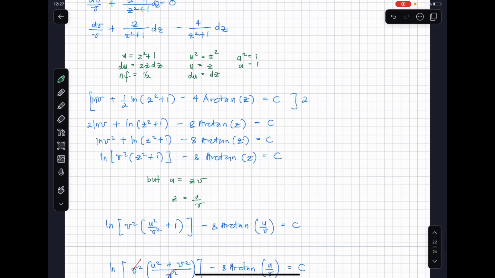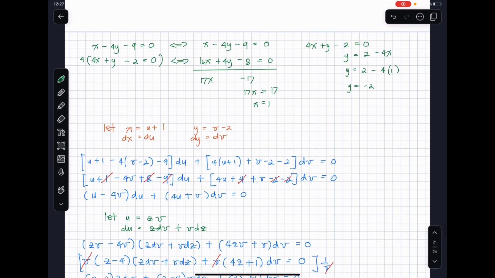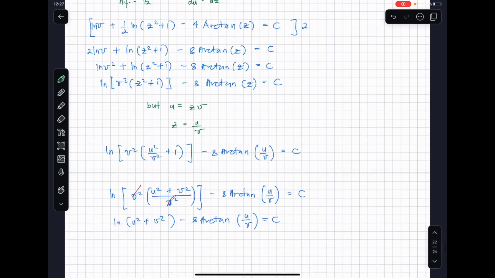But then we have the value for u and v. So in here, we could have that u is x minus 1 and then v is y plus 2.